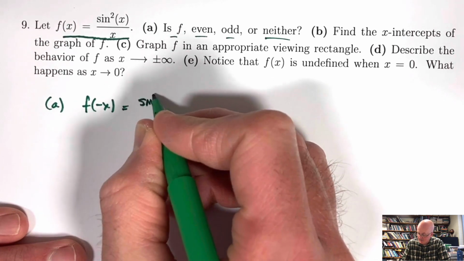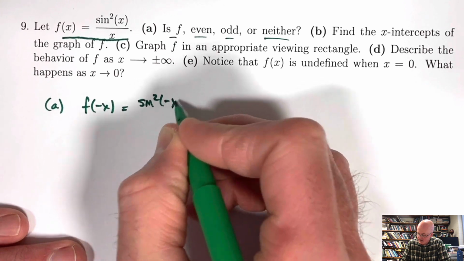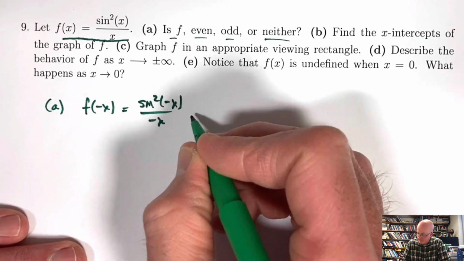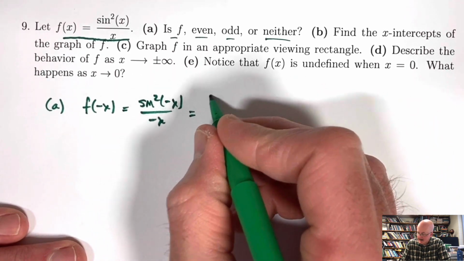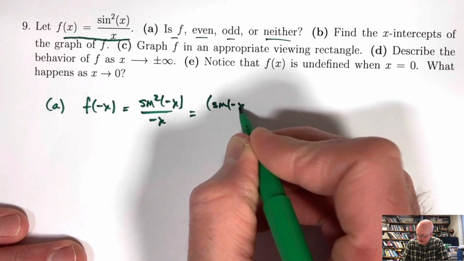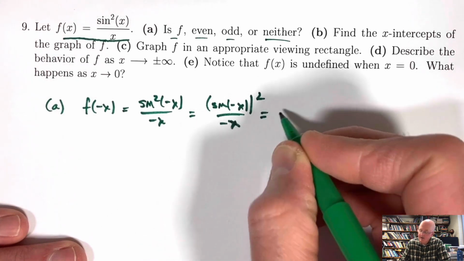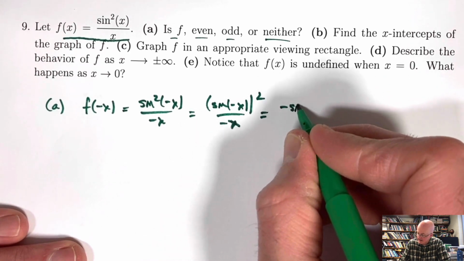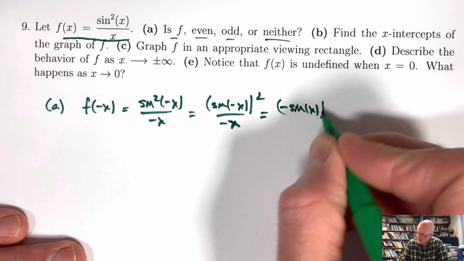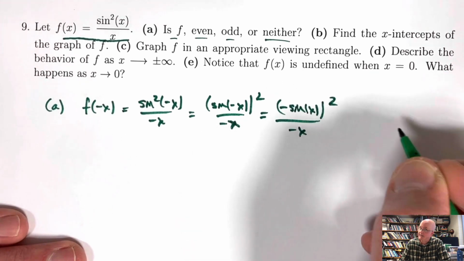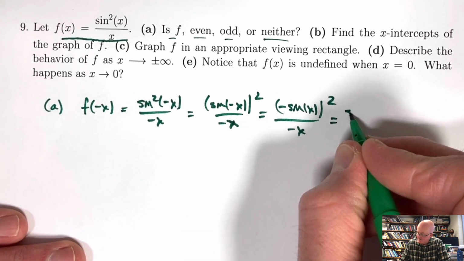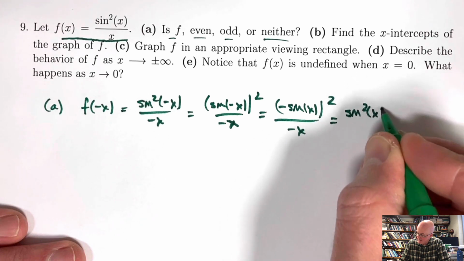Well, let's see. We have to replace x with negative x in both spots. Sine of negative x, since sine is an odd function, is negative sine of x. But I am squaring that, so the negative sign is going to go away, giving me sine squared x divided by negative x.